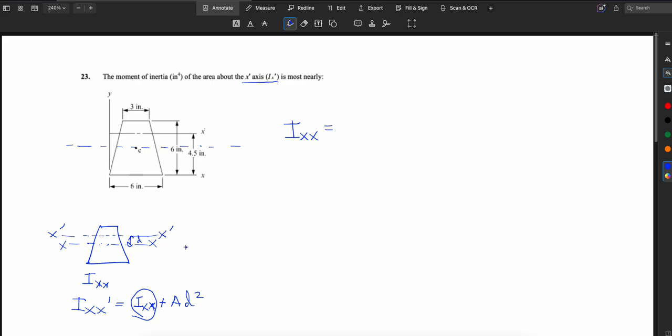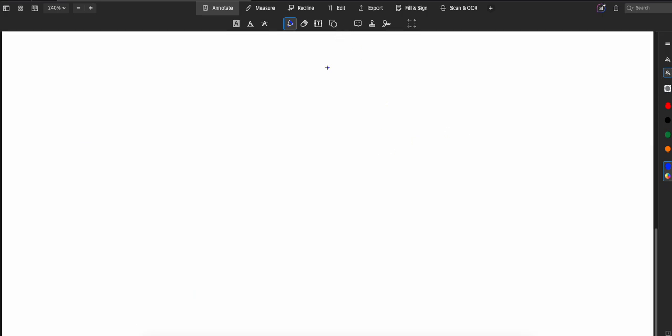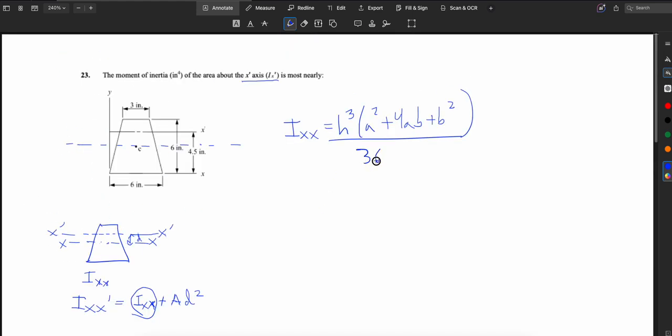We got the Ixx, the moment of inertia of a trapezoid about the center, the normal x axis, is h cubed times a squared plus 4ab plus b squared, divided by 36 times a plus b. The a is the top part, so this 3 inches is a, and b is the bottom part, 6 inches, and the height is 6.